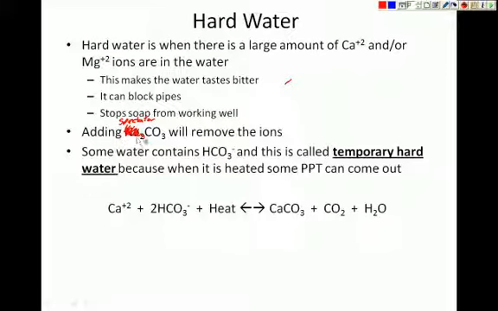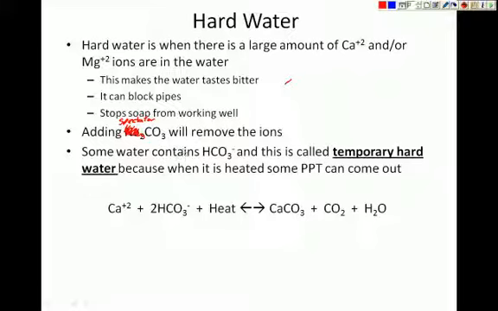And so the carbonate will combine with calcium to make calcium carbonate, which has low solubility, or it can combine with magnesium to make magnesium carbonate, which also has low solubility. So that will help remove high amounts of calcium or magnesium from the water.